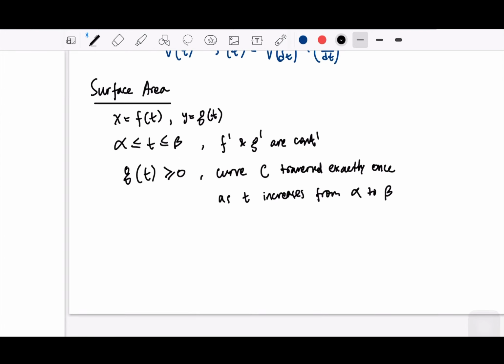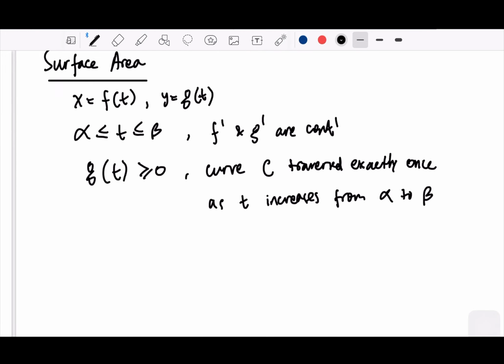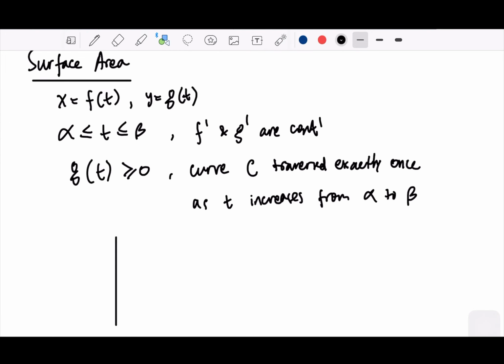Okay, let me just draw some simple curve to illustrate. This is from calculus 1. Let's say we are going to rotate here about the x-axis.